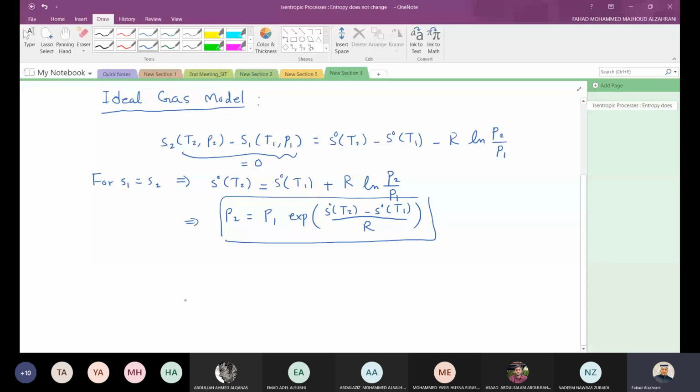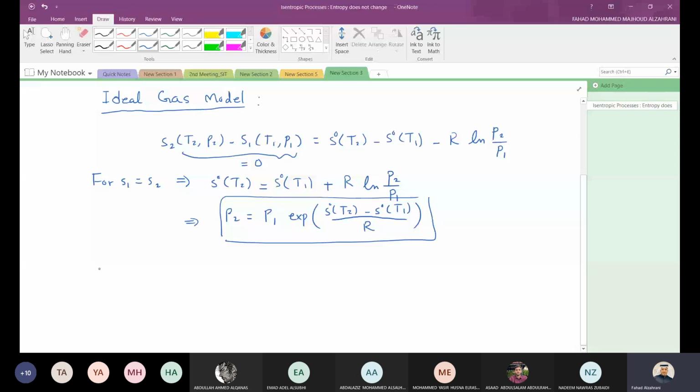Also, there is a shortcut or special case for air. But before we move on, is this clear? Yes.